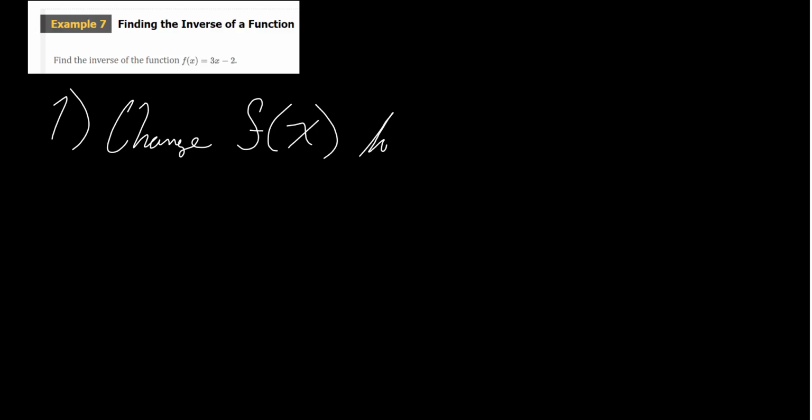So if I want to find the inverse function, here's what we're going to do. Step 1, we change f of x to y. So this looks like y is equal to 3x minus 2.